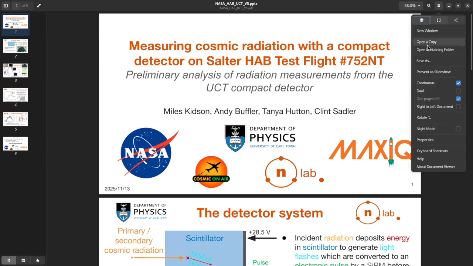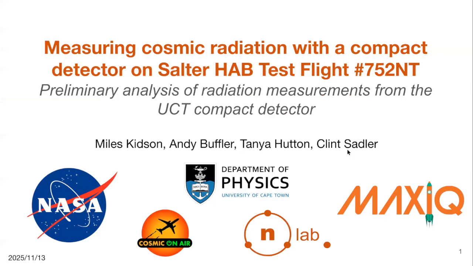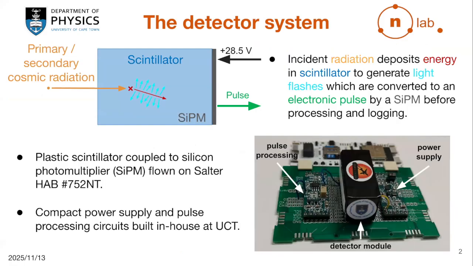all right. Okay. So hi, I'm Miles Kitson from the University of Cape Town. I will be presenting our work on measuring cosmic radiation with a compact detector. So a quick overview of our detector system.